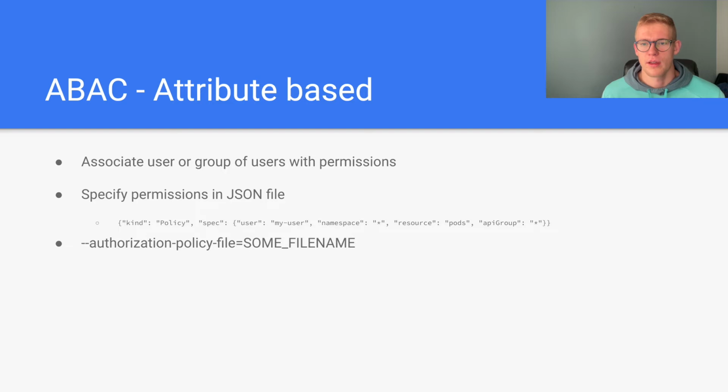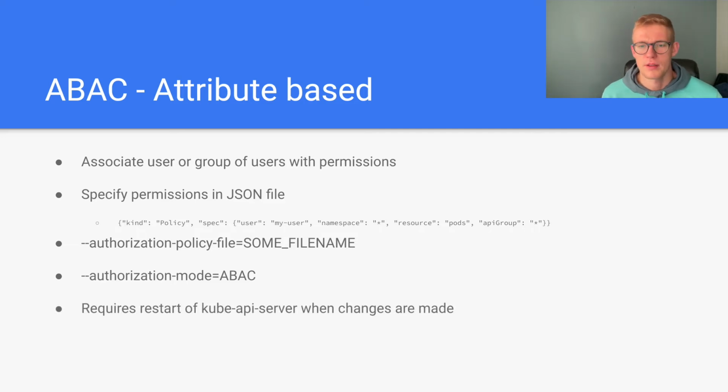And when we want to use ABAC, we set the flag authorization-policy-file to a file name that we have created all of our policies within. So we also have to set the authorization mode option to ABAC, and these are options that are passed to the API server itself.